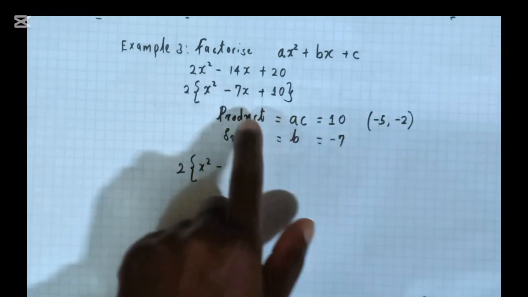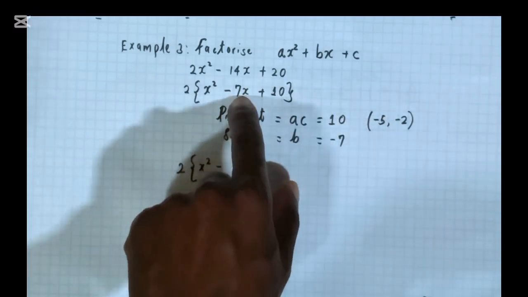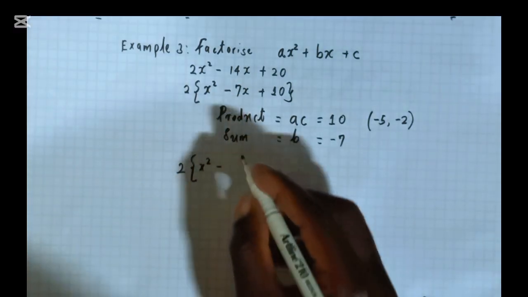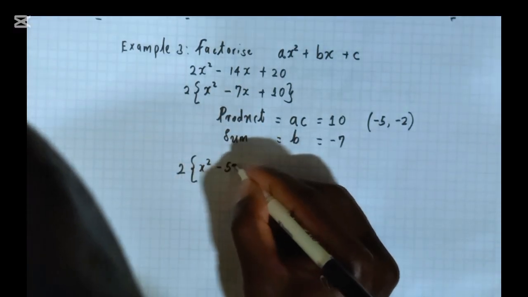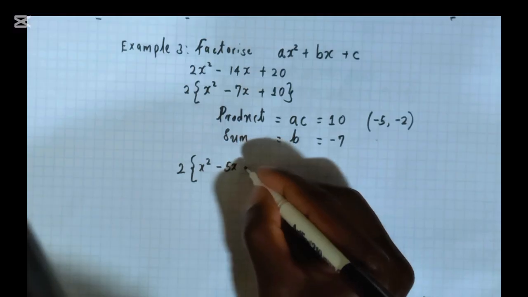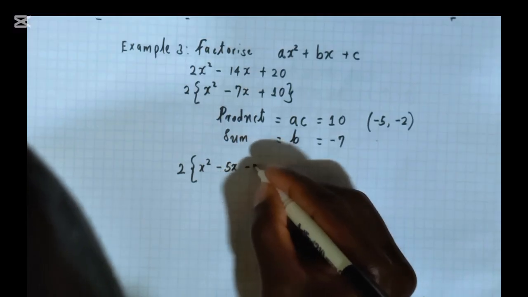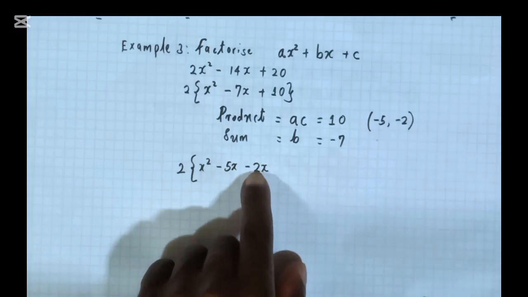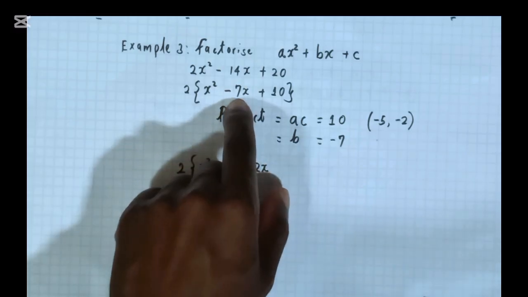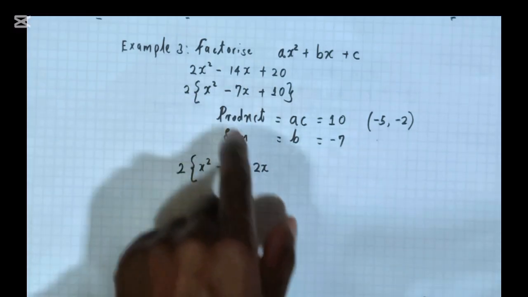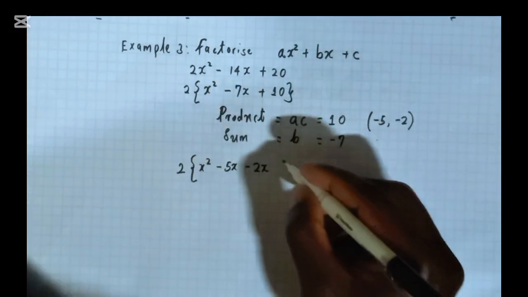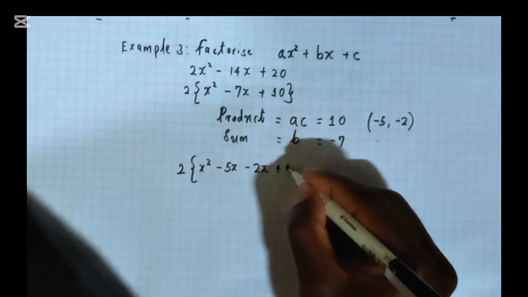Negative 5 and negative 2 are used to write the value of b, which is negative 7 here, so that negative 5x plus negative 2x gives negative 7x. We are just rewriting it in that particular format. We haven't changed its value.